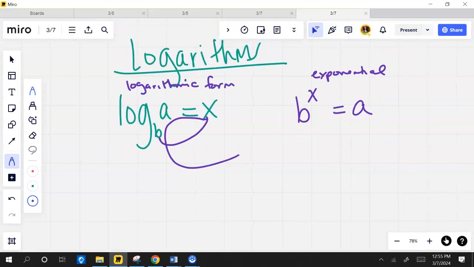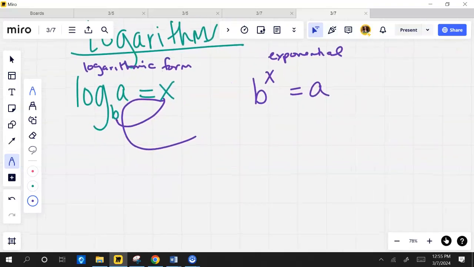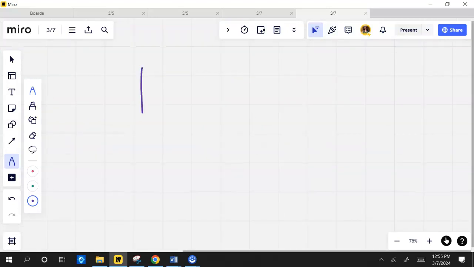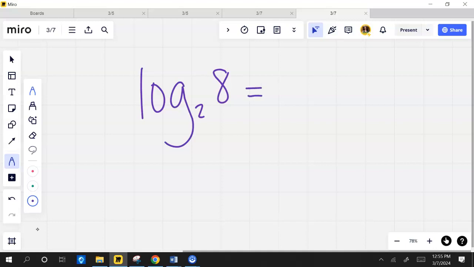So I need you to be able to go back and forth between these two forms. Tell me this. Don't blurt it out if you remember, but think about it just a second. What would this equal? Now I have an x.